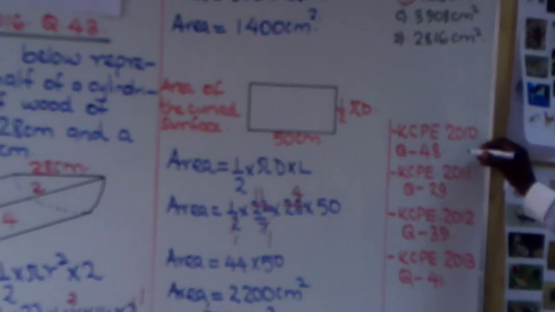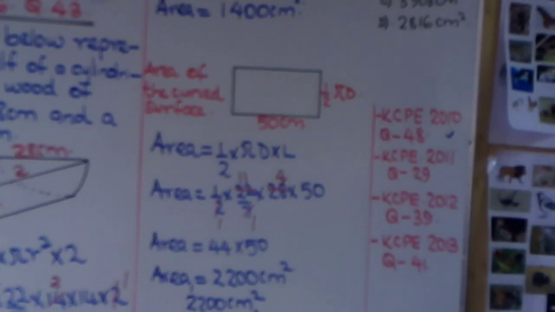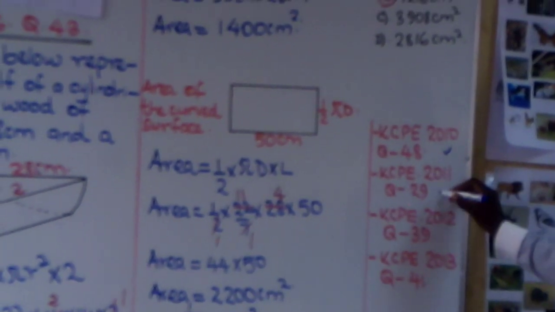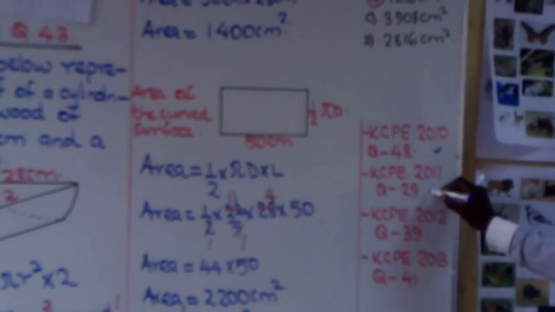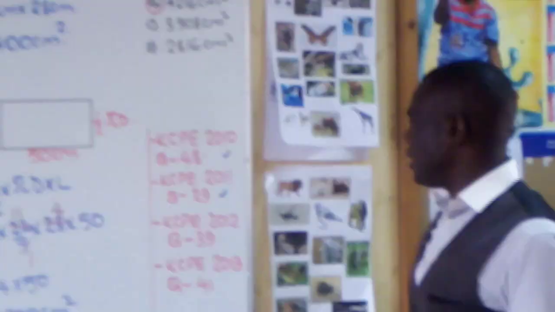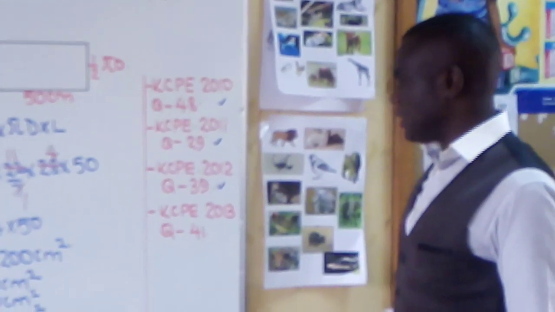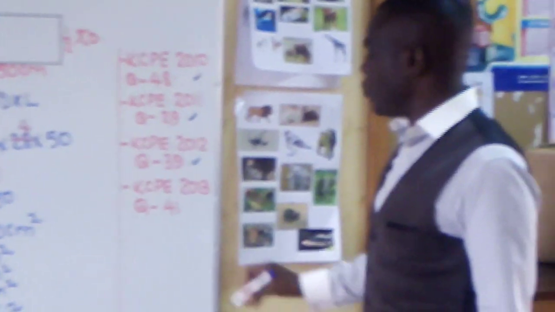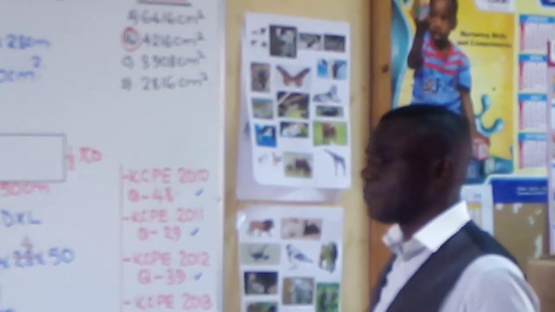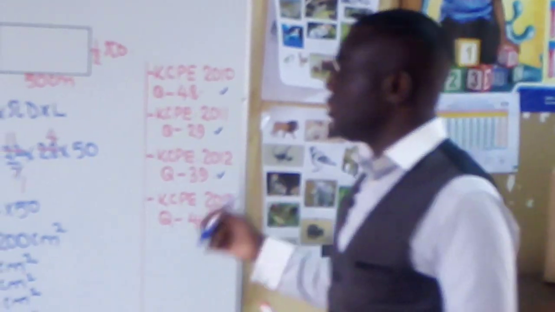You can use the same method to find the surface area in question number 48 of 2010, question number 29 of 2011, question number 39 of 2012, and 41 of 2013. That is what you can use to calculate those areas, boys and girls.